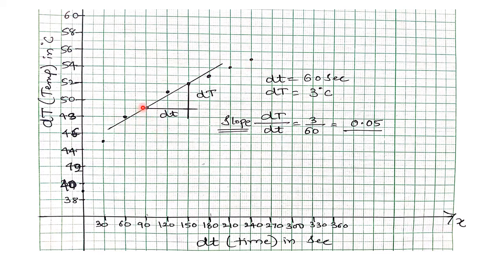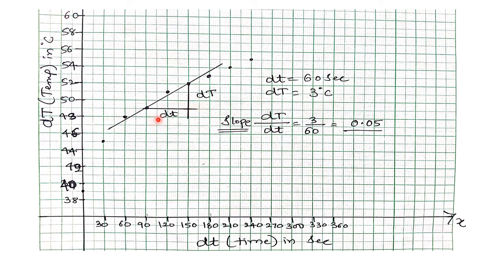So this is a straight line. Then we should draw one vertical line in order to read the temperature change dT of the specimen, and another horizontal line where it should intersect, forming a right angle triangle. So this is the dt.